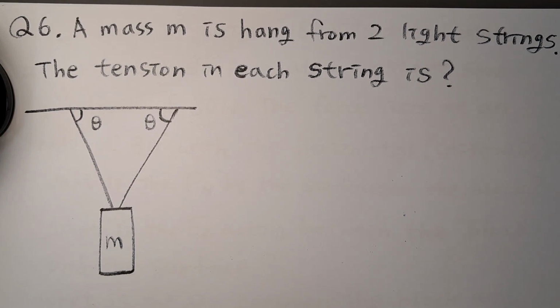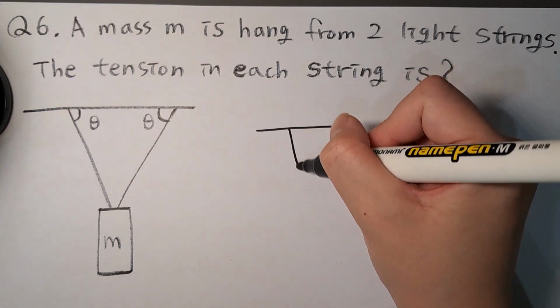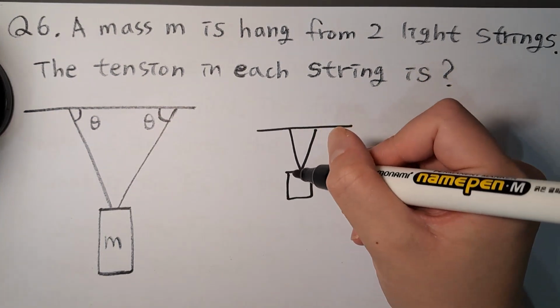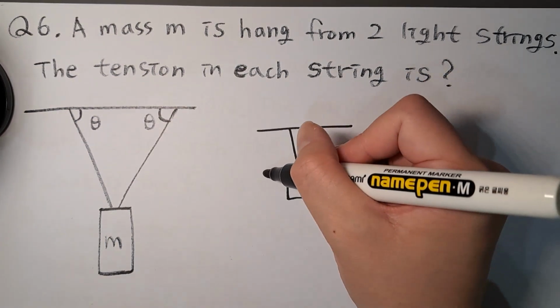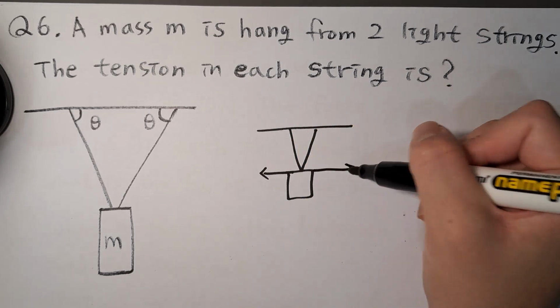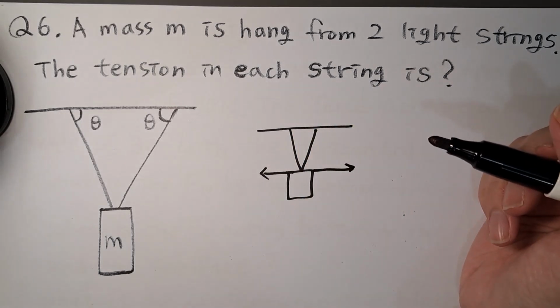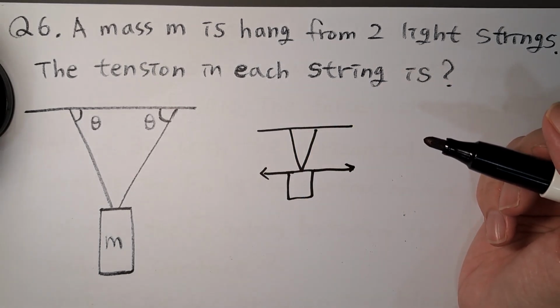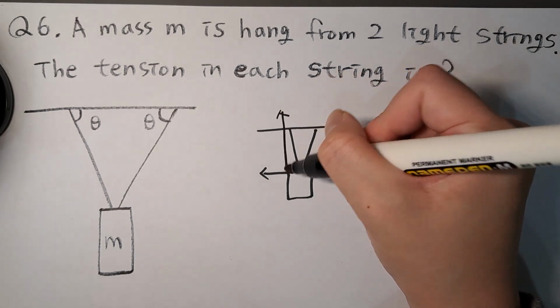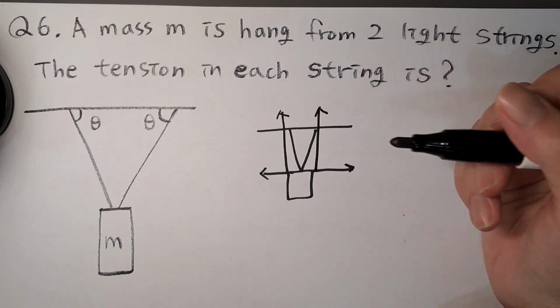A mass M is hanging from 2 light strings. The tension in each string is? So the tension of the string is going to be this. We are going to find this free body diagram, and this force on the y-axis.